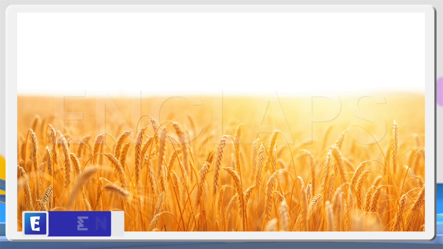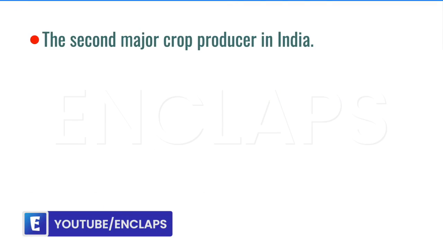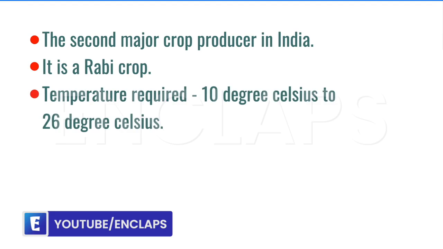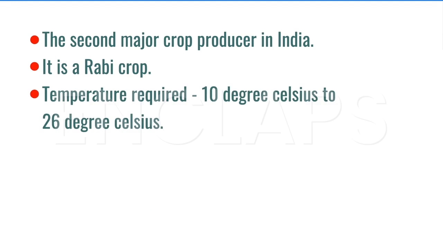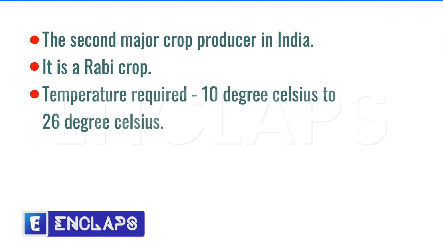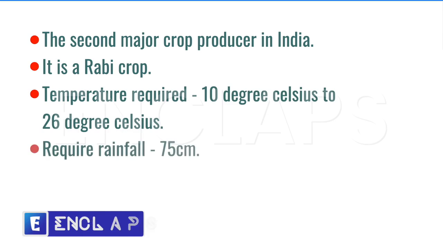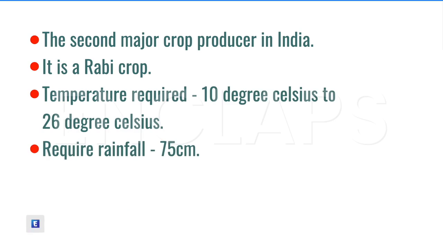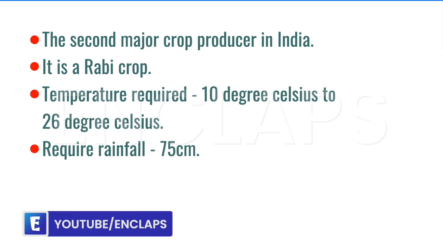Next we are going to discuss the food crop wheat. Wheat is the second major crop produced in India, and wheat is a Rabi crop. The temperature required is 10 degrees Celsius to 26 degrees Celsius, and the rainfall required for the cultivation of wheat is about 75 centimeters.